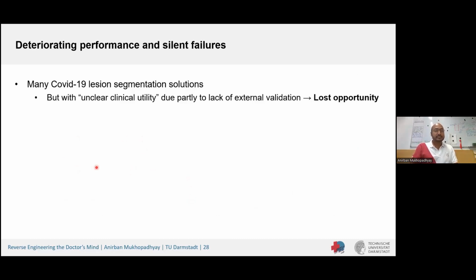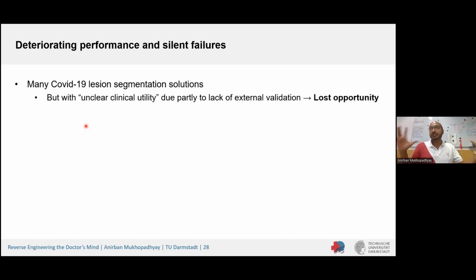And there, basically, the problem really is that many COVID-19 lesion segmentation solutions exist, but there is also a sort of meta understanding, the fact that the majority of the research that we did around pandemic AI is basically a lost opportunity, simply because there were many factors involved, but one of the problems was really external validation.